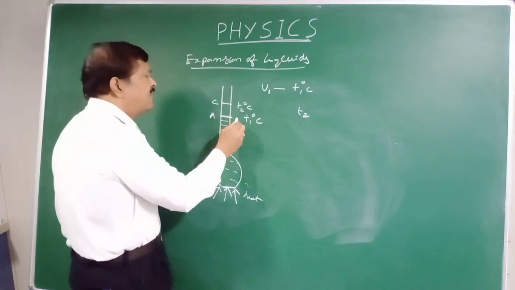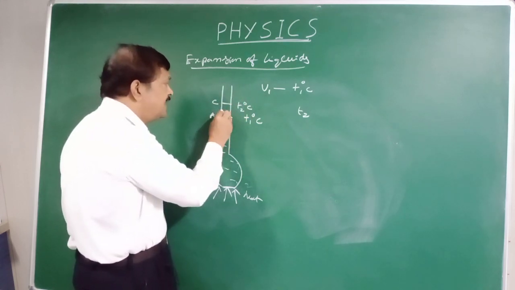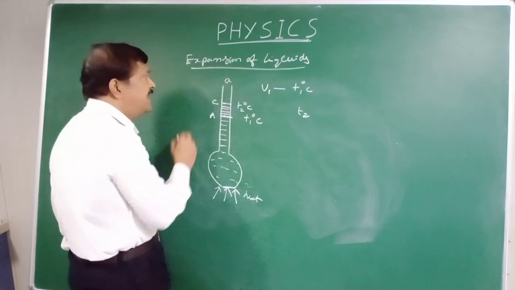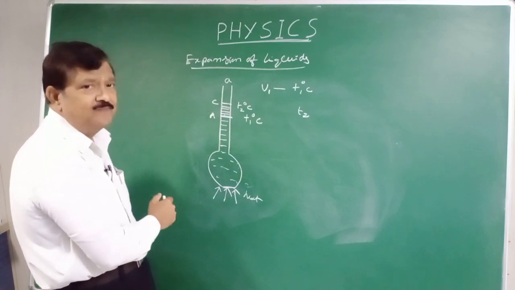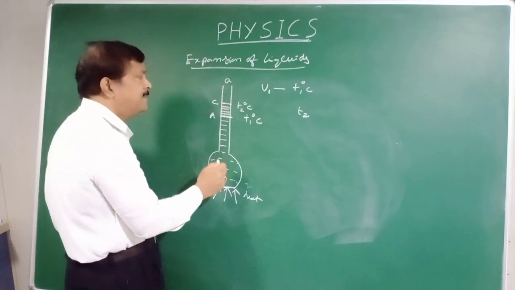Very clearly, from T1 to T2, when the temperature is increasing, there is an increase in the liquid level from A to C. Let A be the area of cross section of this cylindrical tube, the long neck, where the area of cross section is uniform.